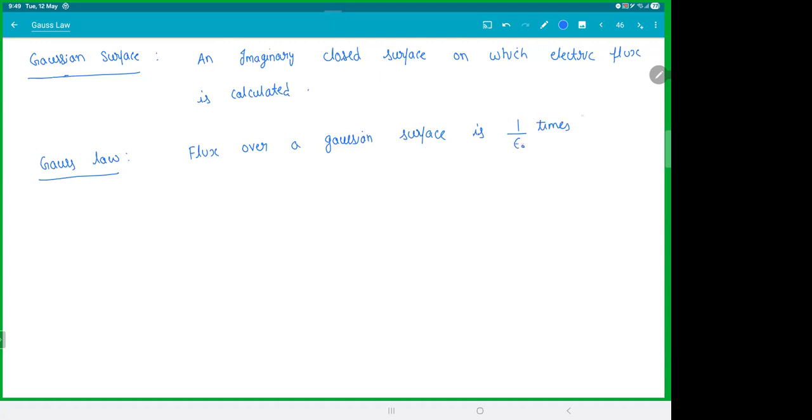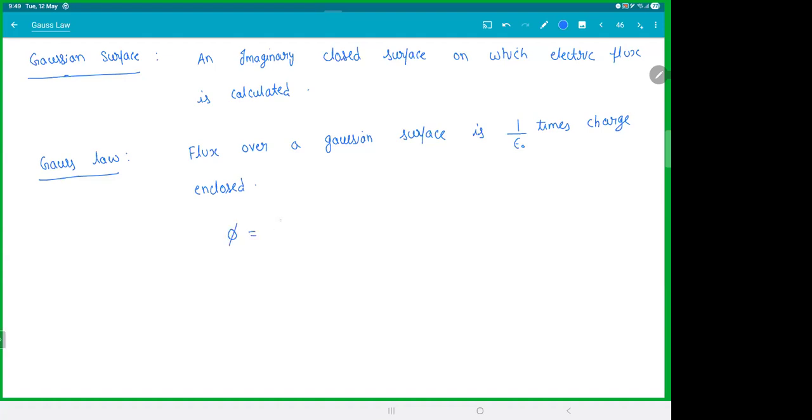And we already proved this. So the thing was, Gauss law came first, then came Coulomb's law. Coulomb's law is actually more powerful than Gauss law. But then again, Gauss law has its own advantages.